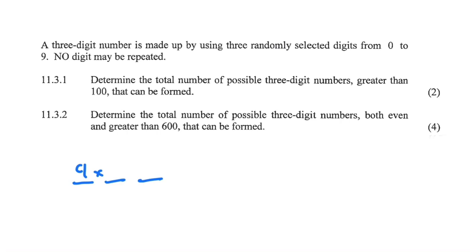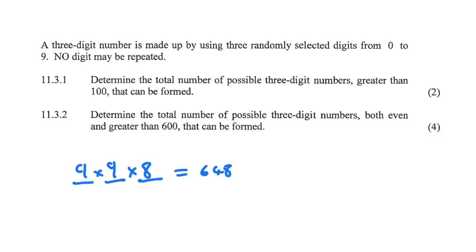So how many digits can occupy the second spot? 9 digits can occupy the second spot because out of the 10 we have only exhausted 1 when we occupied the first spot, and then on the third spot 8 digits can possibly occupy that third spot because we don't have any special restriction. This will give you 648 possible 3-digit numbers that are greater than 100.